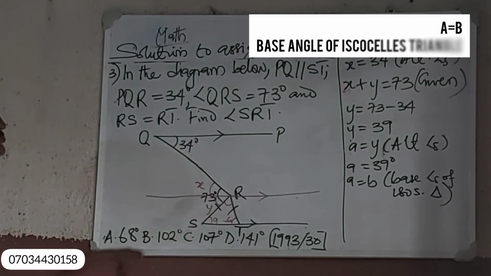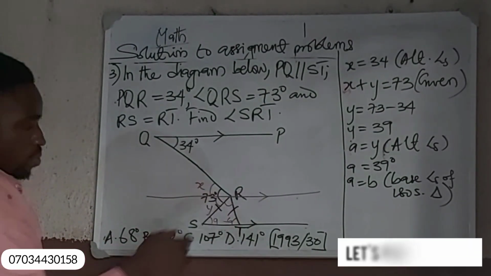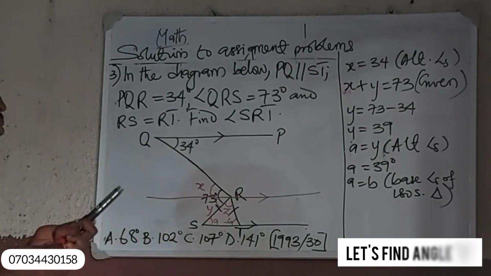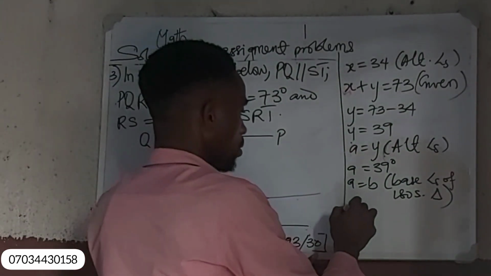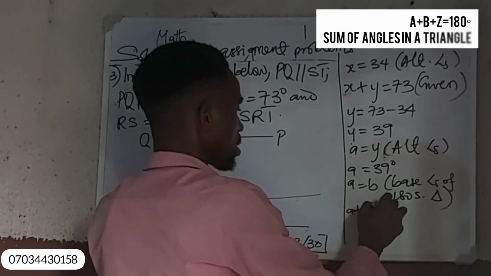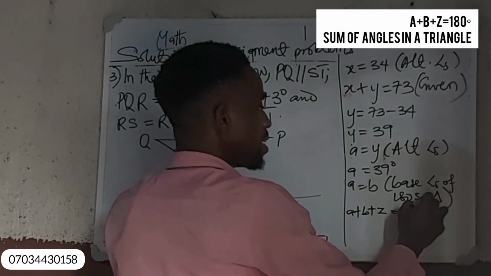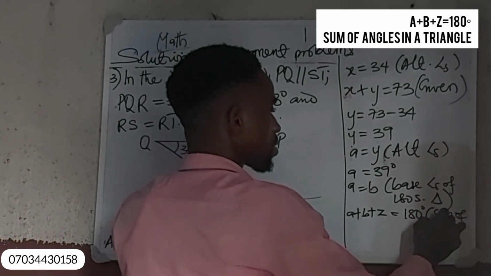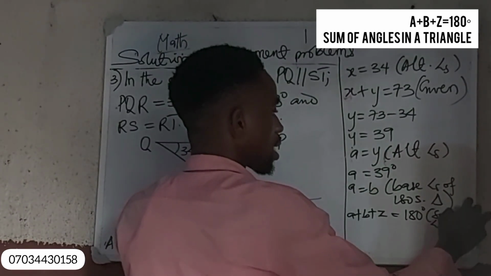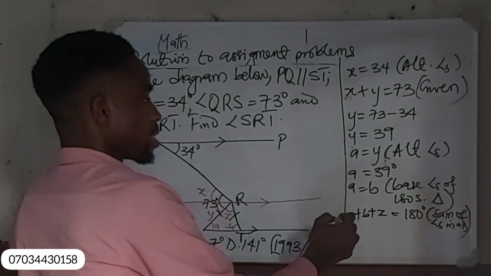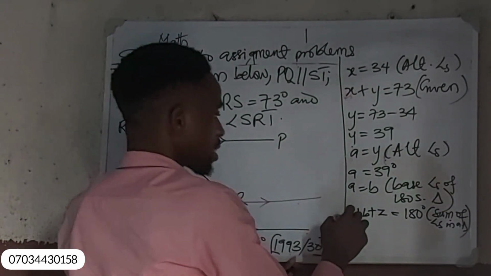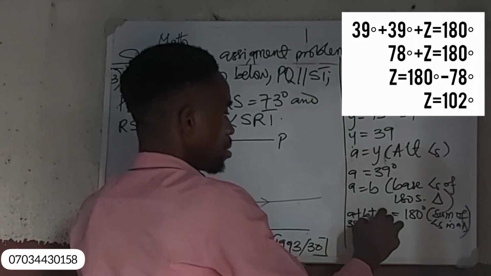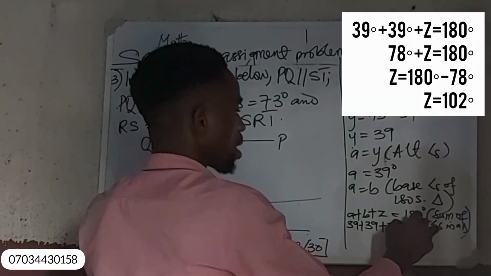Then what we are now looking for, which we can call angle C, is the angle we are looking for. We know that A plus B plus C is 180, because of the sum of angles in a triangle. So since A is 39 and B is 39, we have 39 plus 39 plus C is 180.